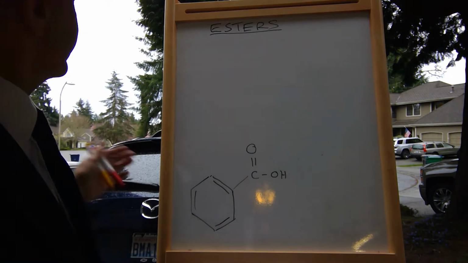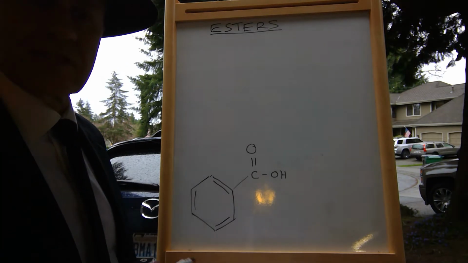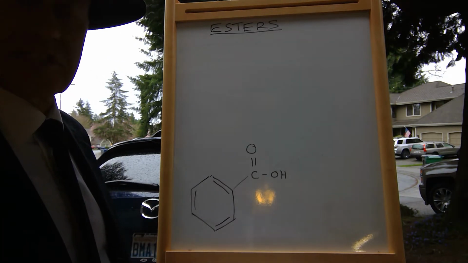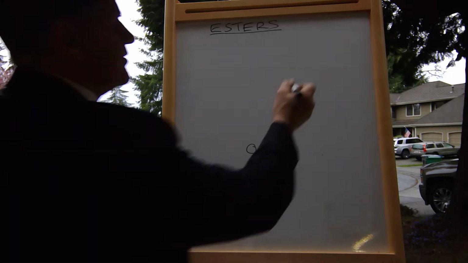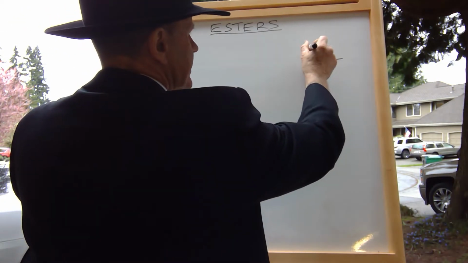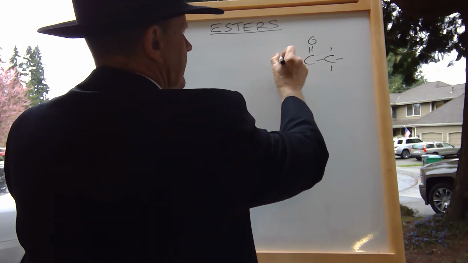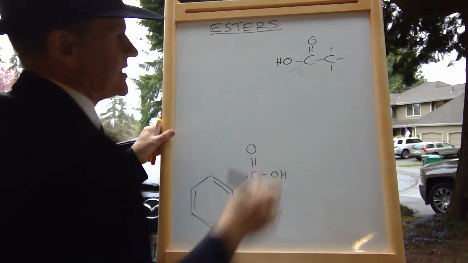So esters. What are esters? Before we start with esters, I just want to go back to what carboxylic acids are, and let's have a look at a classic carboxylic acid. So here's a carboxylic acid.